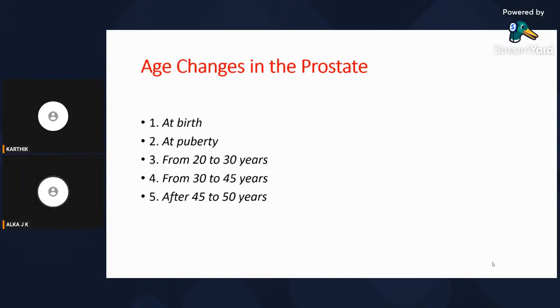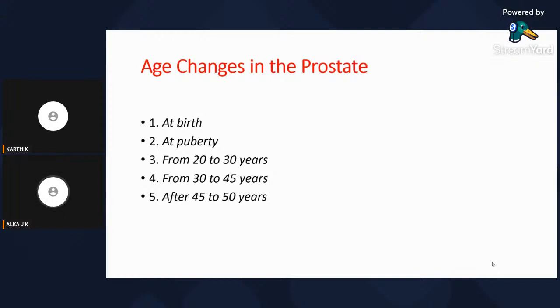From 20 to 30 years, there is marked proliferation of the glandular elements with infolding of the glandular epithelium into the lumen of the follicles, making them irregular. From 30 to 45, the size of the prostate remains constant, but involution starts.